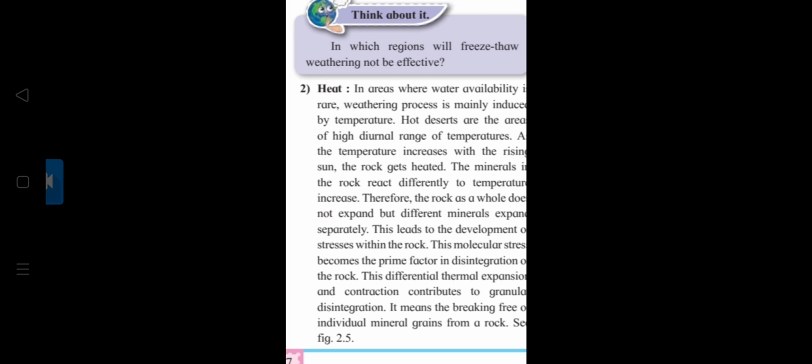This differential thermal expansion and contraction contributes to granular disintegration, granular meaning grains. Granular disintegration means the breaking free of individual mineral grains from a rock. So when the temperature increases and there's tremendous heat, the mineral grains break free individually from a rock.